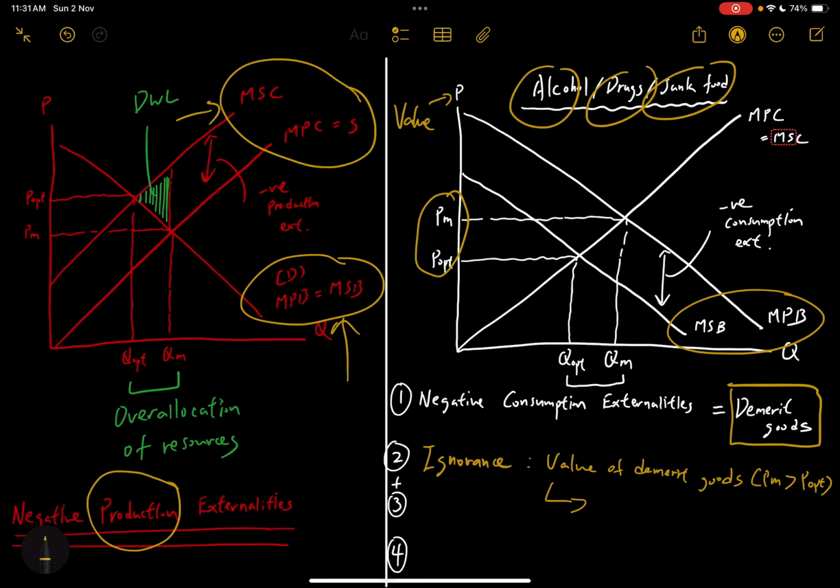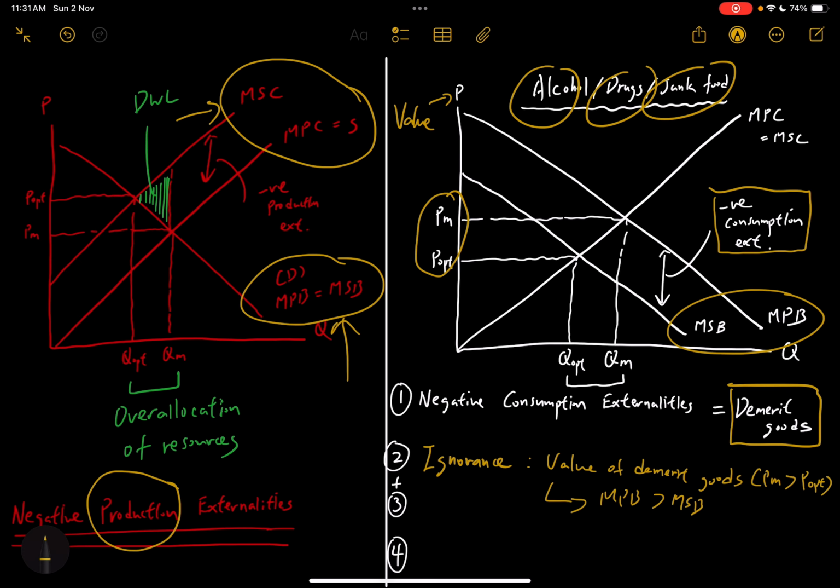That value justifies why MPB is bigger than MSB. So when we go back to the diagram, the gap of this shift, the vertical distance, is basically caused by the externality itself.